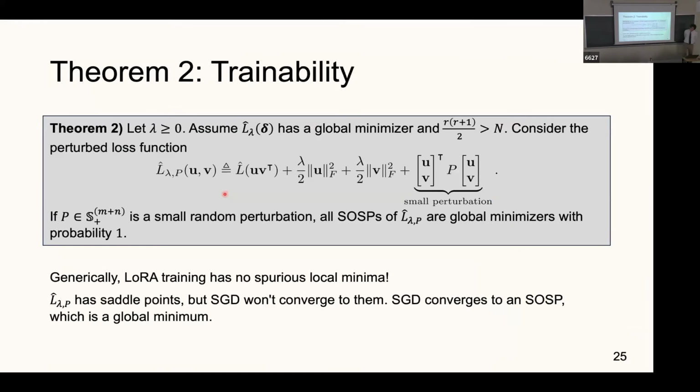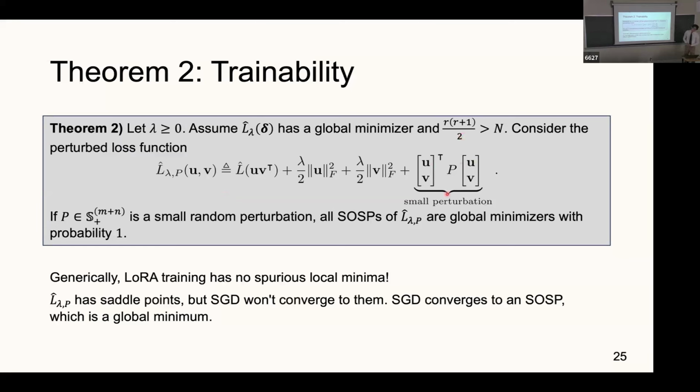So here's the trainability result when it comes to LoRA fine-tuning. We assume that a global minimizer exists, and we assume that the rank parameterization of the network is sufficiently larger than square root of n. Then we take the loss function and apply a small perturbation.